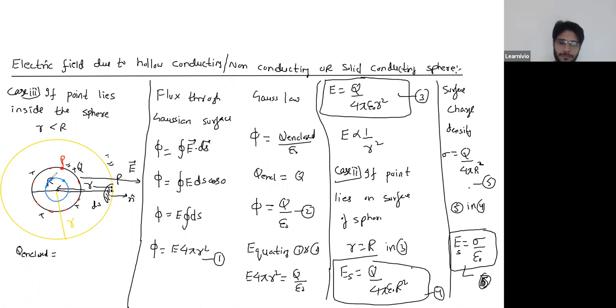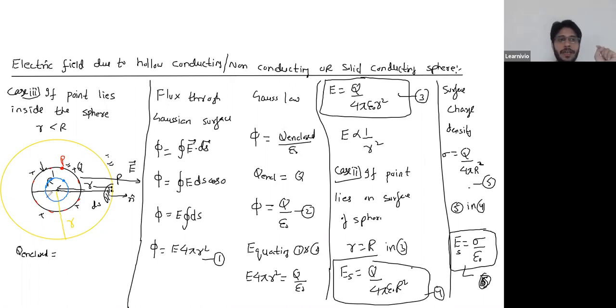Okay, just check. Where is this charge distributed? This charge is distributed on the surface or inside? This is distributed on the surface, not inside the sphere. The whole of this charge is distributed only on the surface, not inside the sphere.